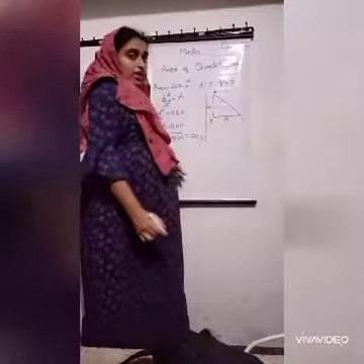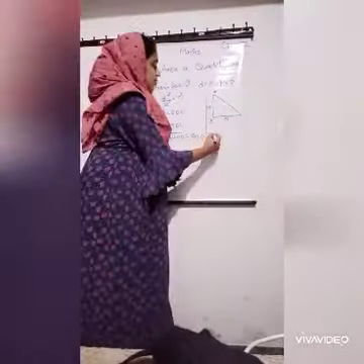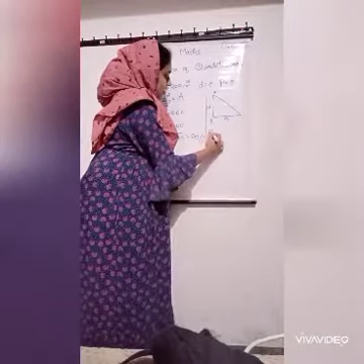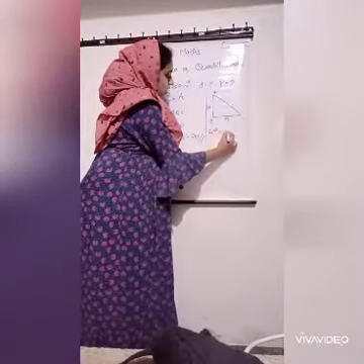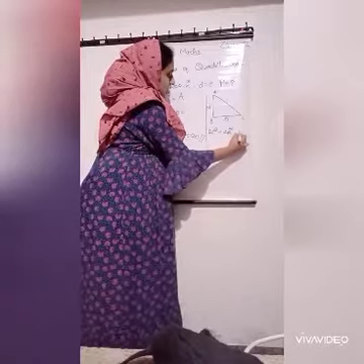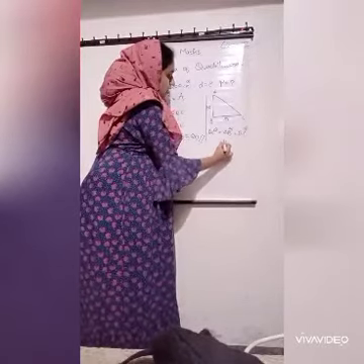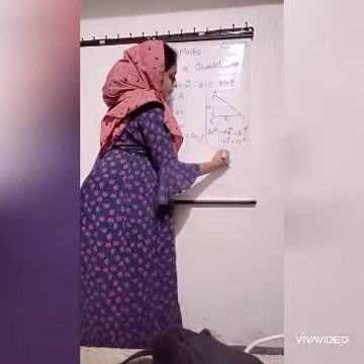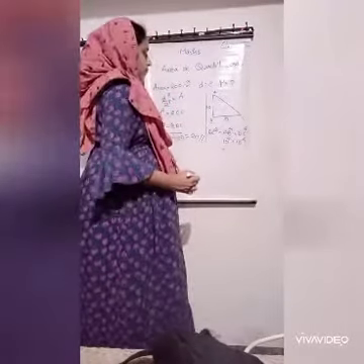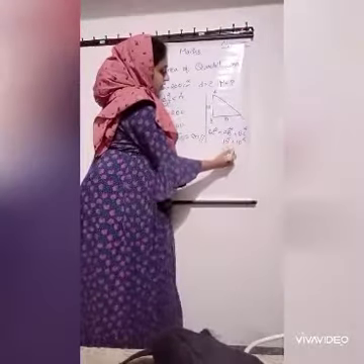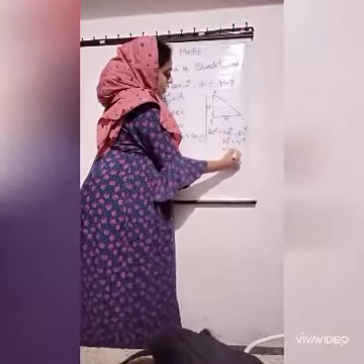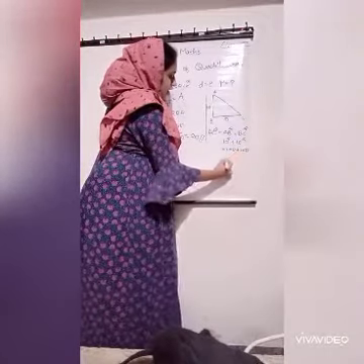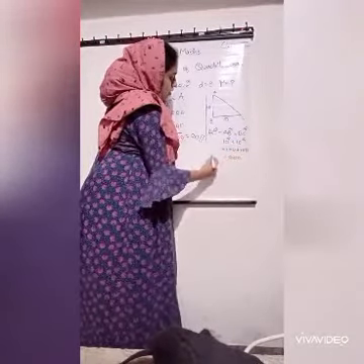Which theorem we apply here? Yes, very good. Pythagoras theorem, that is AC square is equal to AB square plus BC square, that is equal to 10 square plus 10 square. What is 10 square? 100 plus 100, that is equal to 200.